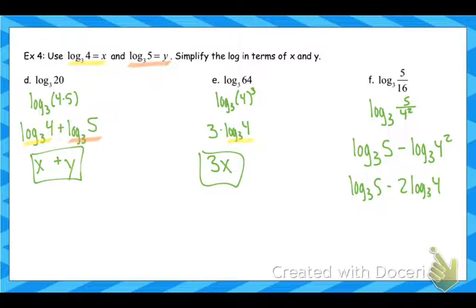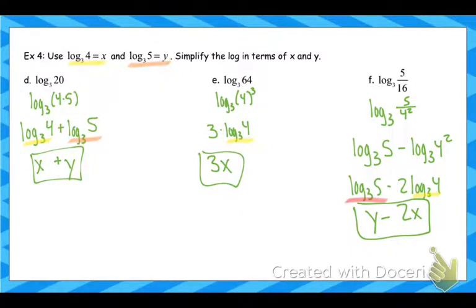And then we can substitute. Log base 3 of 4 is x. Log base 3 of 5 is y. And that's it. Again, it's just reusing those properties and expanding and trying to come up with a way to really write that number in terms of the ones you already know.